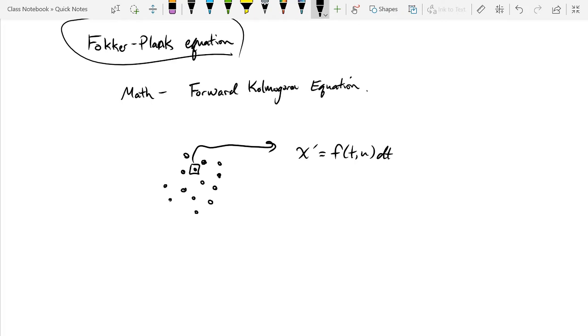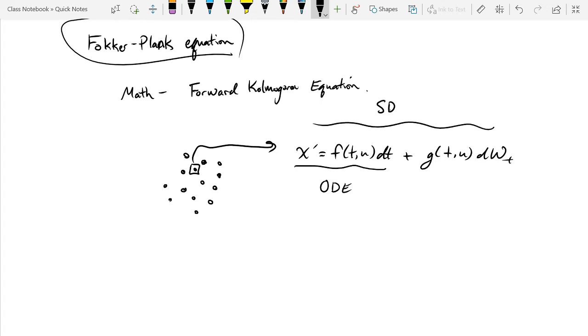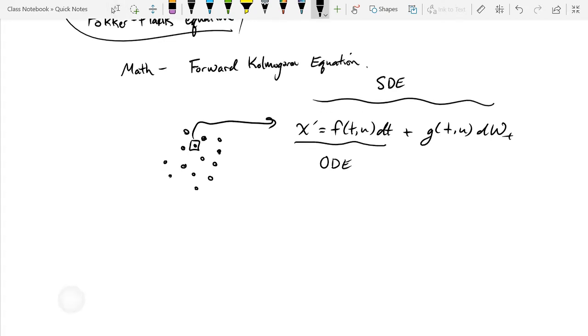This is an ODE. And what you can do is add another term on here, where this now becomes what's known as a stochastic differential equation. A stochastic differential equation is an ODE with randomness; stochastic just means random. And this dW term is Brownian motion.